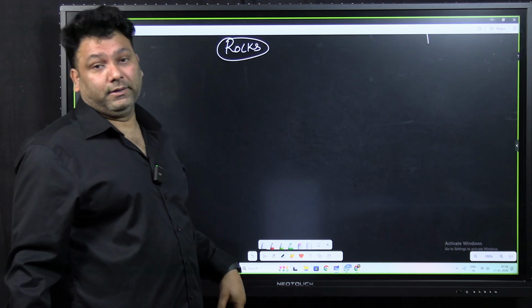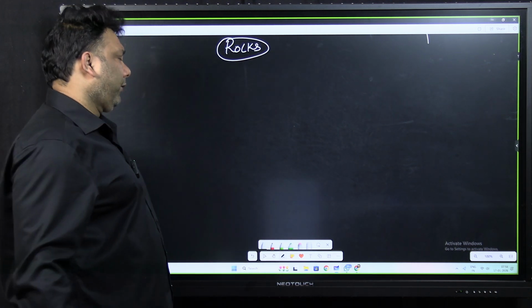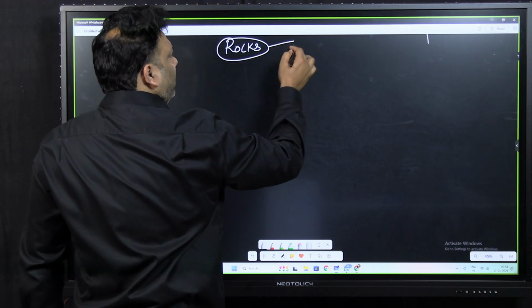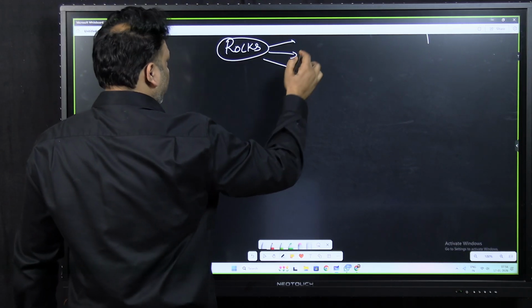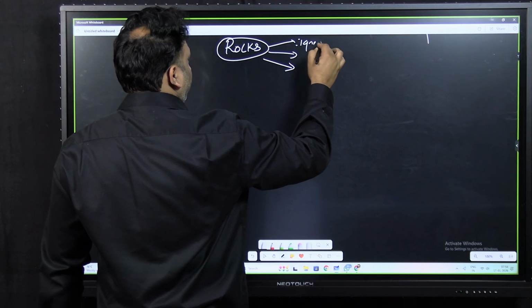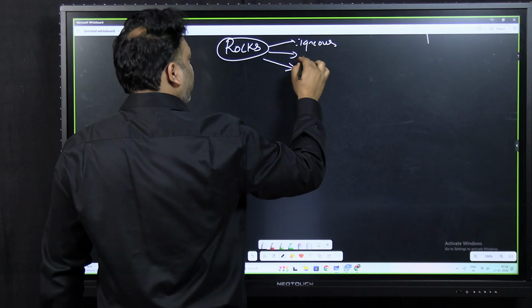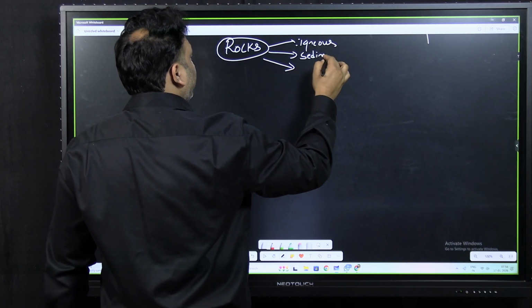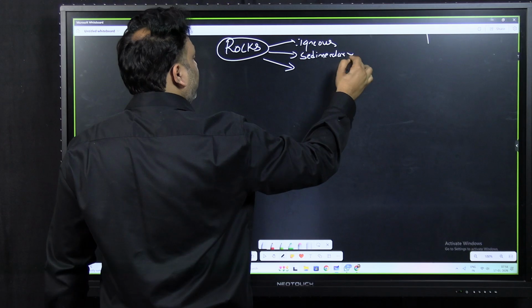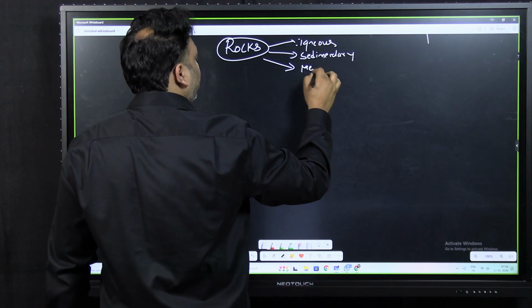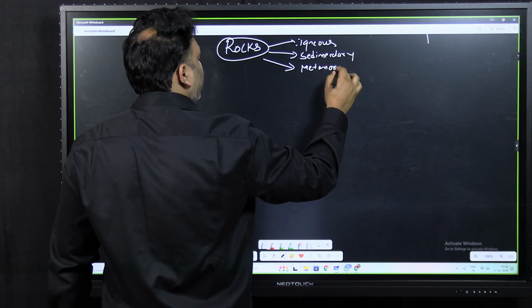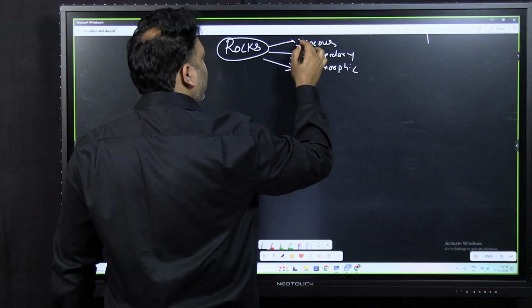This is very important. Now, let's discuss about rocks here. Now you must have studied what are the various types of rocks. Okay, igneous type of rock, sedimentary type of rocks, and you have metamorphic rocks. You have studied all this.